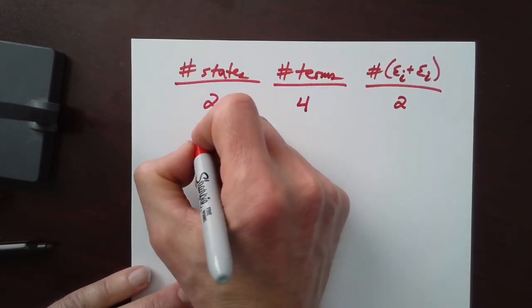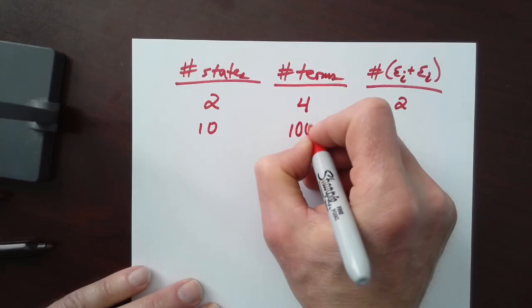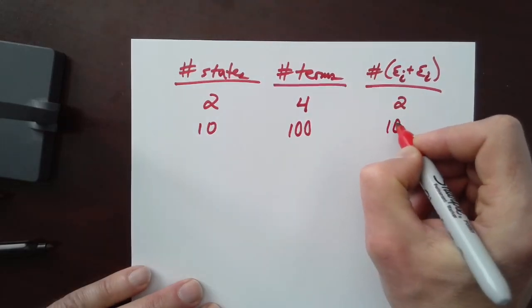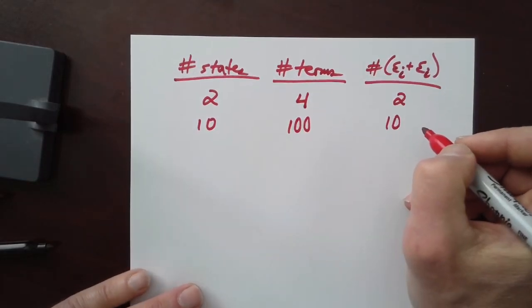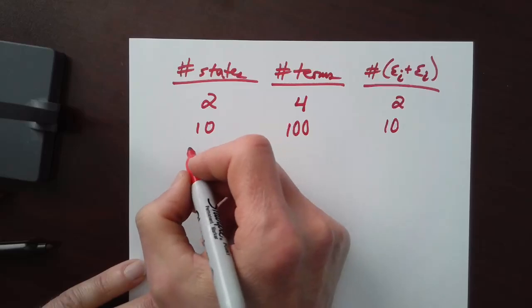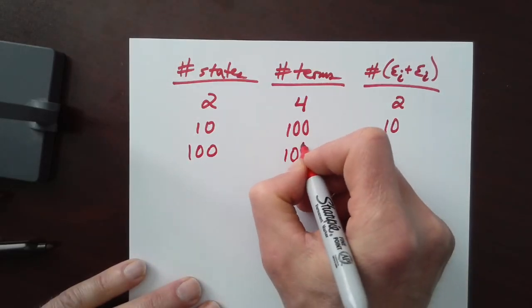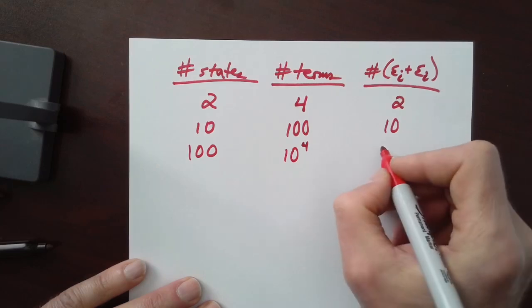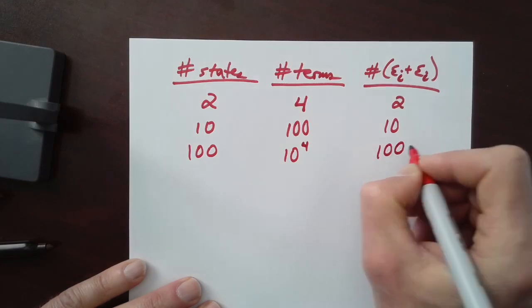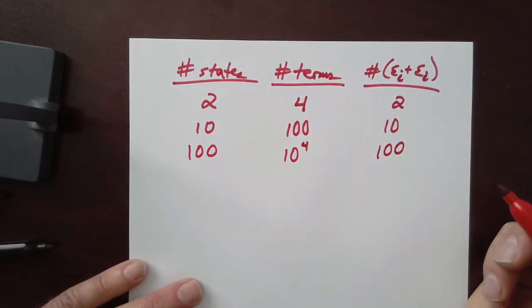If we have 10 states, we have 100 terms, and 10 of those are problem terms. What if we have 100 states? Then we've got 10 to the 4 terms, and 100 of those are problem terms.